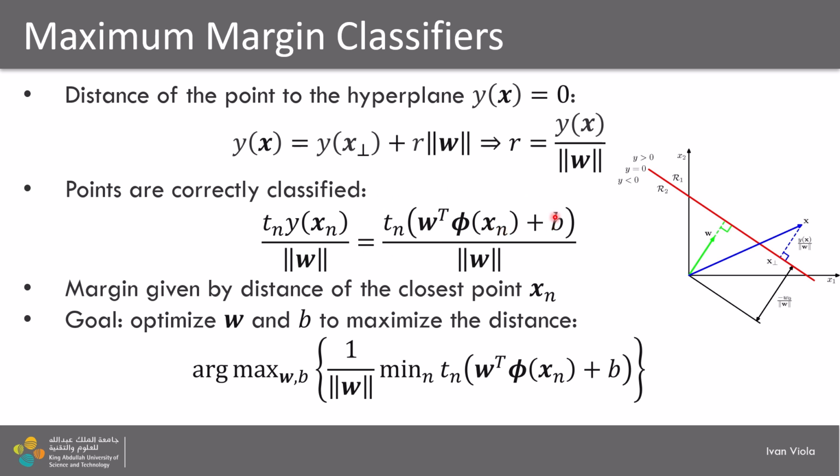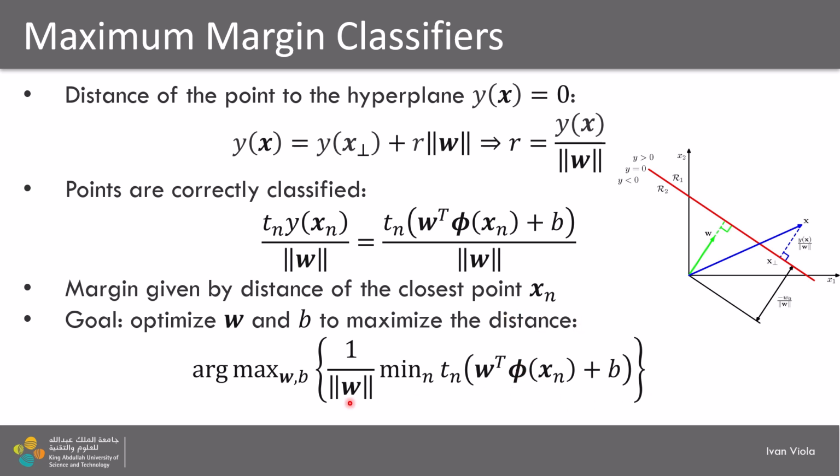This defines the distance for each point, and one distance will be the smallest, defining the closest point xn, and this closest point xn defines the actual margin which we want to maximize. So the goal is to optimize w and b to maximize the distance to the closest point.